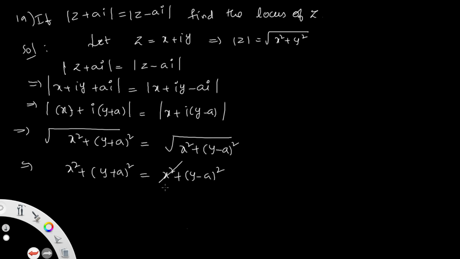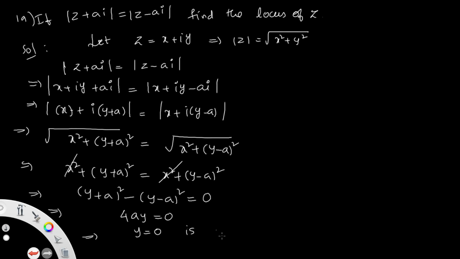Now x square cancels, then you get (y plus a) whole square minus (y minus a) whole square equal to 0. That is nothing but (a plus b) whole square minus (a minus b) whole square, so you get 4ab, that is 4ay equal to 0. Now we can write y equal to 0.